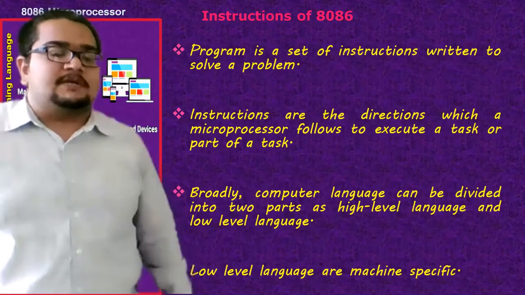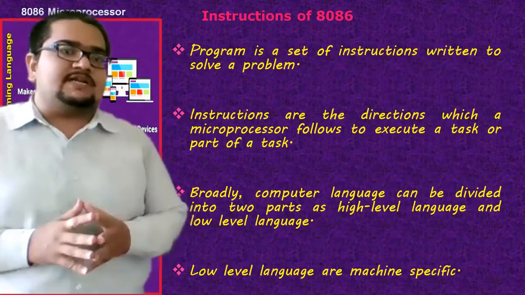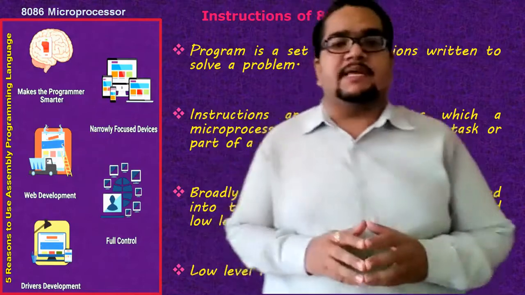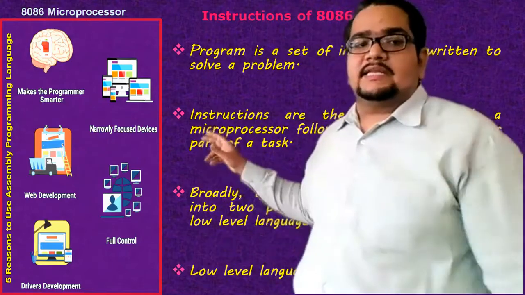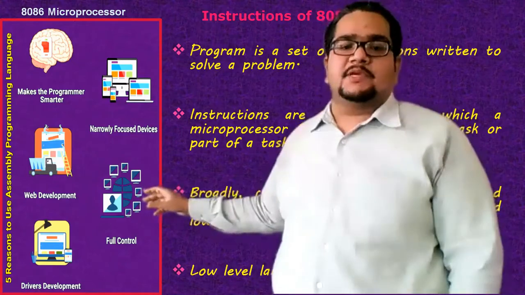Before we jump directly into the instruction set, these points will help you understand why we are working with assembly language programming. If you closely look at this slide, there are 5 reasons I have indicated why assembly language programming should be used.